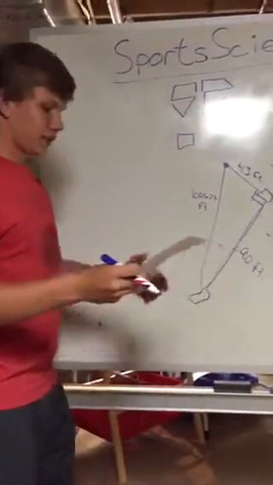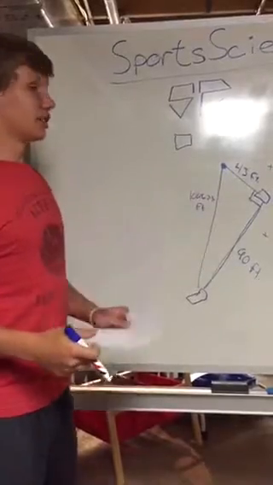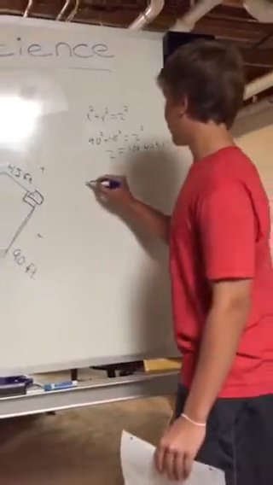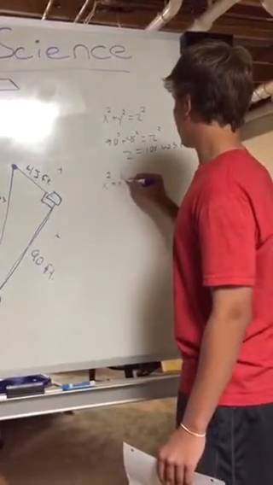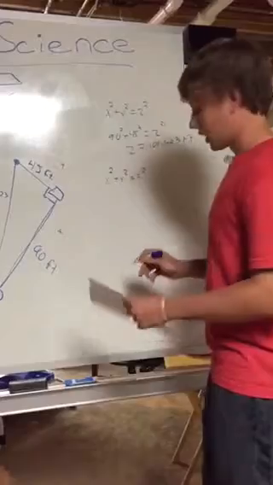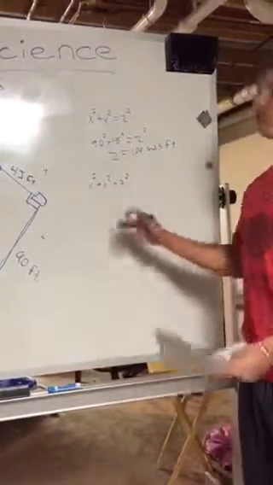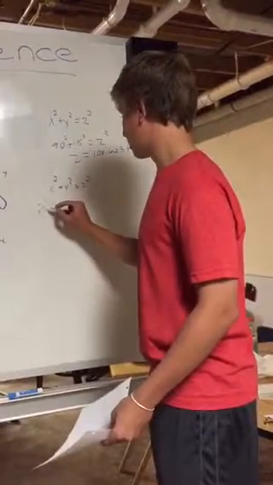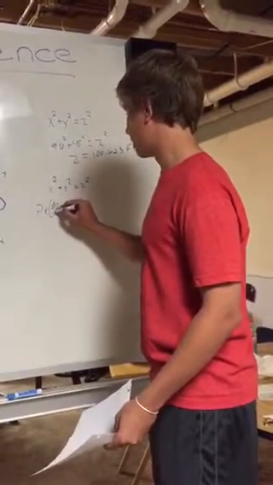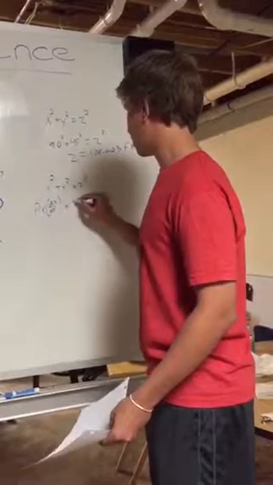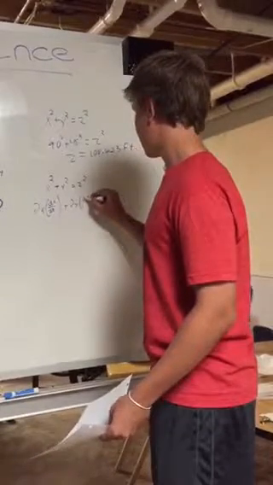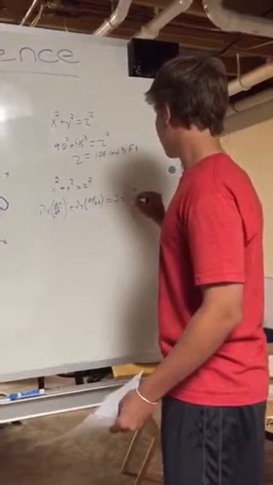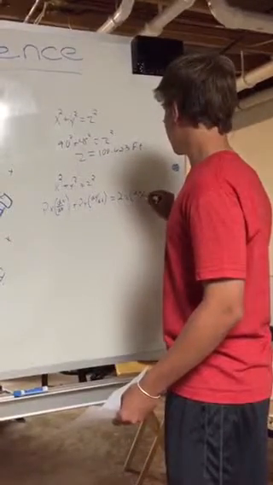Now we want to take our Pythagorean theorem equation that relates all of the sides of the triangle to each other, x squared plus y squared equals z squared. And then we're going to find the derivative of this equation. So that comes out to be 2x dx/dt plus 2y dy/dt equals 2z dz/dt.